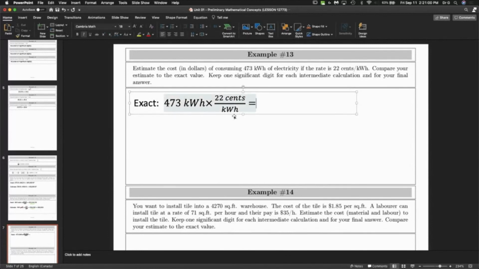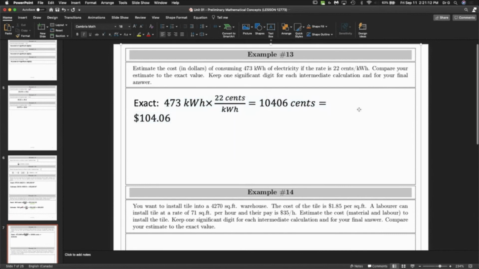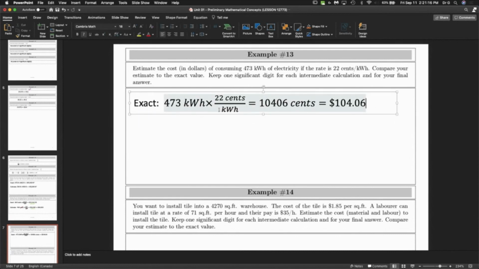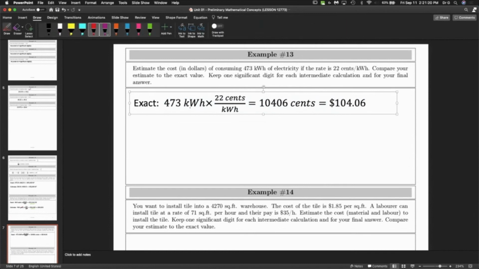So, yeah, big numbers. $104.06. A couple of comments here. I like writing units, and I encourage you to do the same.